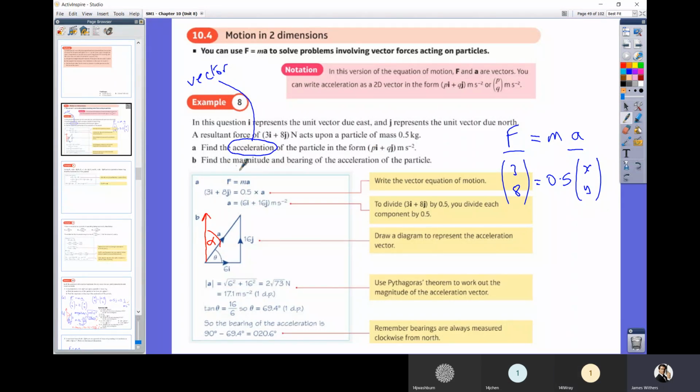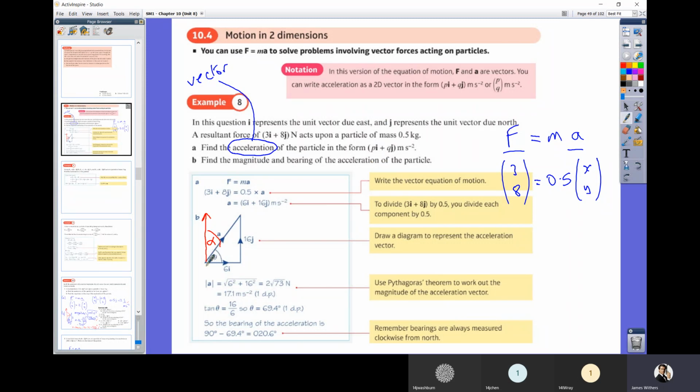And then for part B, when they're asking for the magnitude, the size, and the bearing, that's just GCSE maths. For the magnitude, we're literally going to use Pythagoras. If we're 6 along and 16 up, the actual size of the acceleration is the hypotenuse. To work out the bearing, you start by working out the acute angle using SOHCAHTOA, using tan.